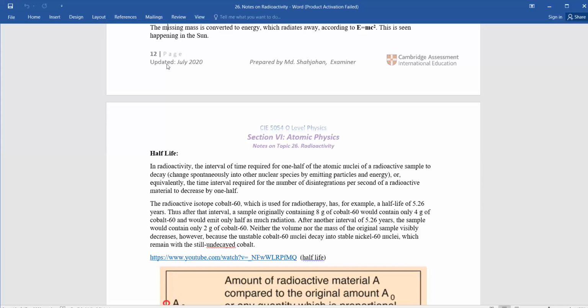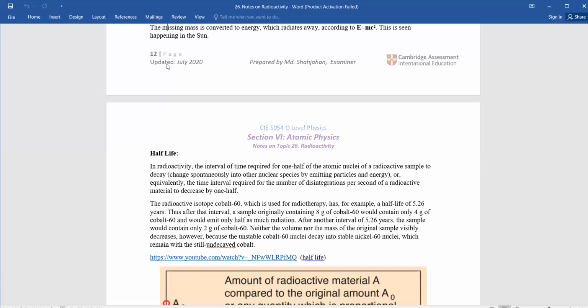It's becoming half, actually. For example, you are given 50 gram of uranium at the beginning, right? What is the property of the uranium? Its property is that its nucleus is radioactive, right?